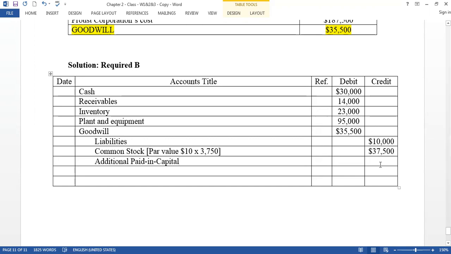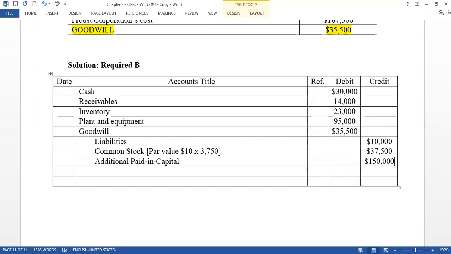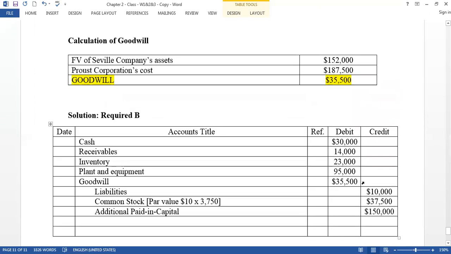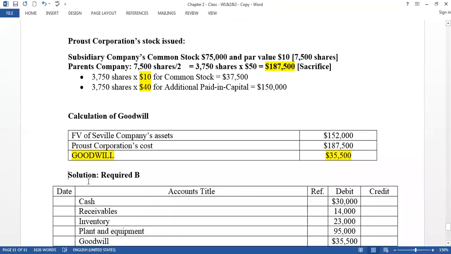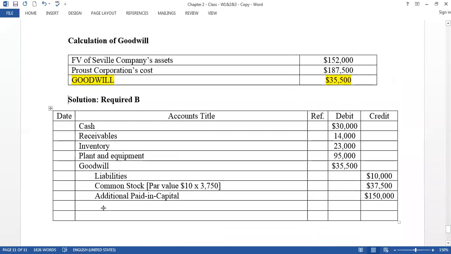This is $150,000. So this is the calculation and this is the recording. Do you have any question? No question?